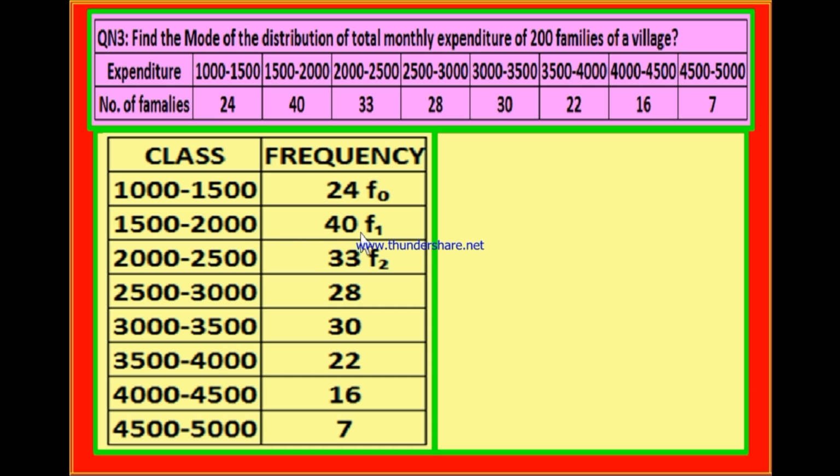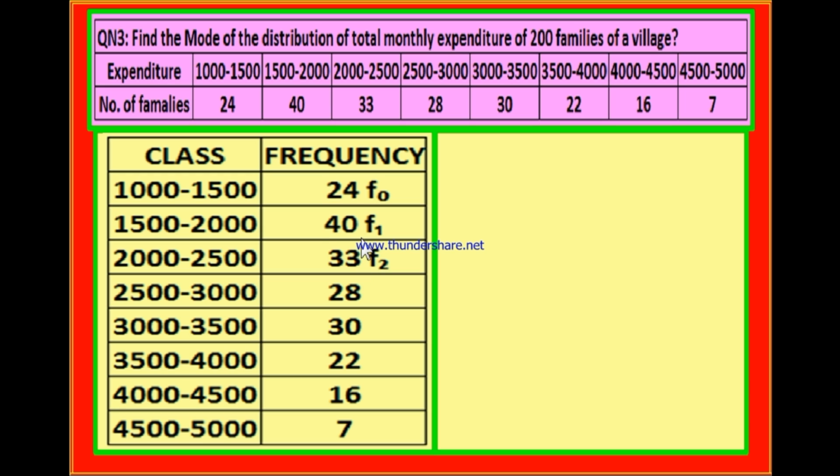Now the highest frequency may be denoted with F1 and the frequency above F1 is denoted by F0 and the frequency below F1 is denoted by F2. You see, F0, F1 and F2, these are the values. The highest frequency is F1, the frequency above F1 is F0 and the frequency below F1 is F2.